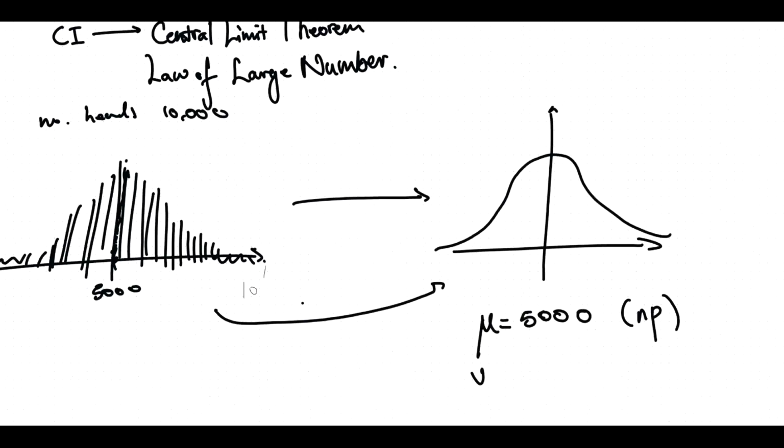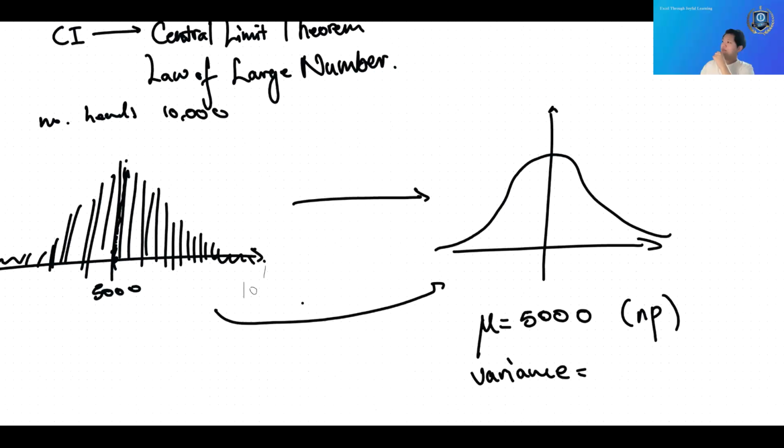Variance. Isn't variance E[X squared] minus E[X] squared? Yes, but you're not going to be able to find it using this.